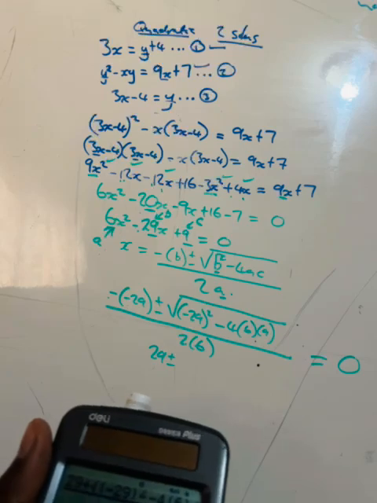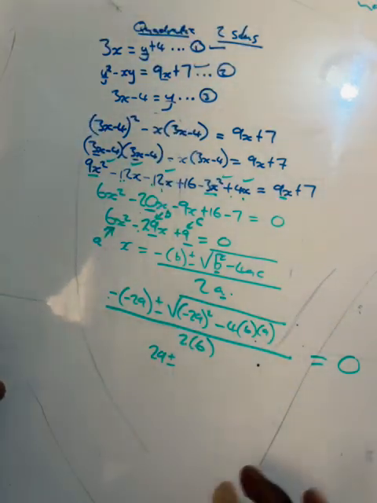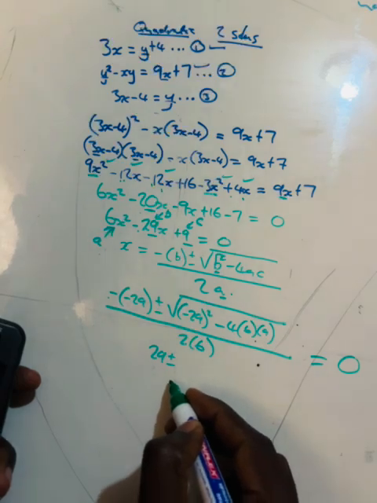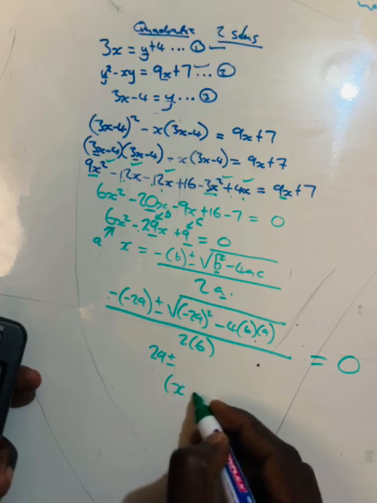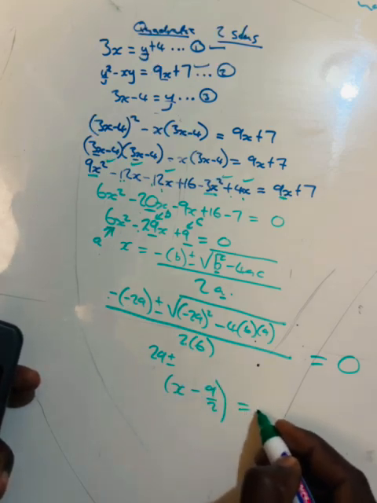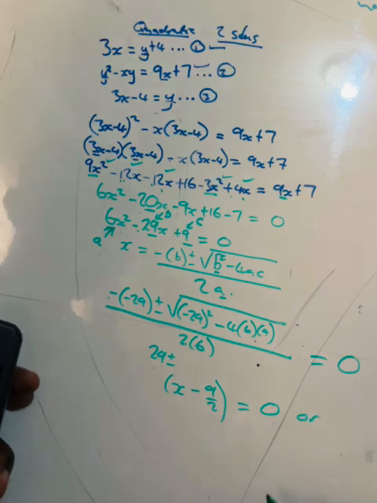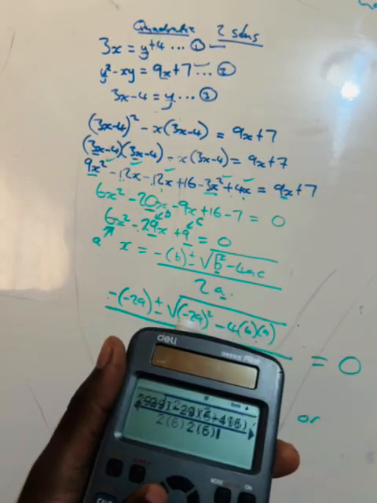So in other words, we are now simply saying that we've got open bracket, x minus 9 over 2 is equal to 0, or we go and we check when it's a negative.